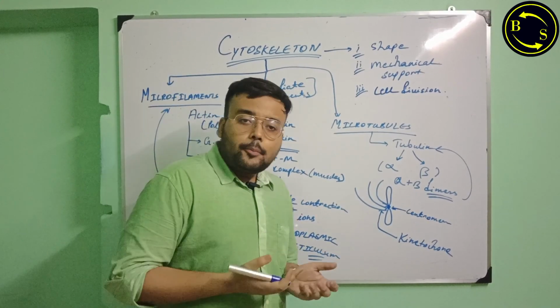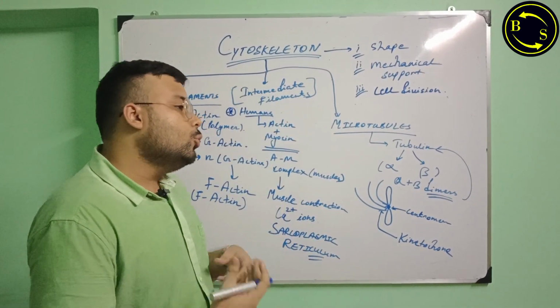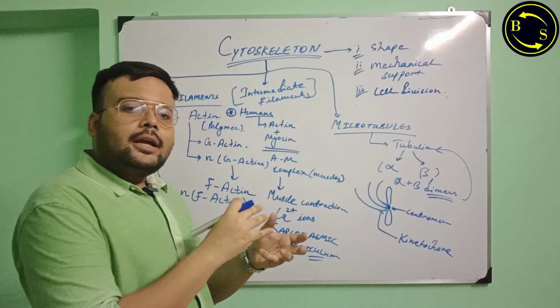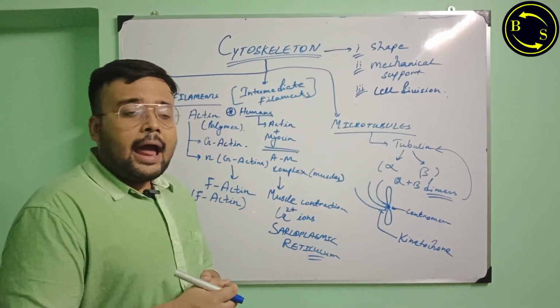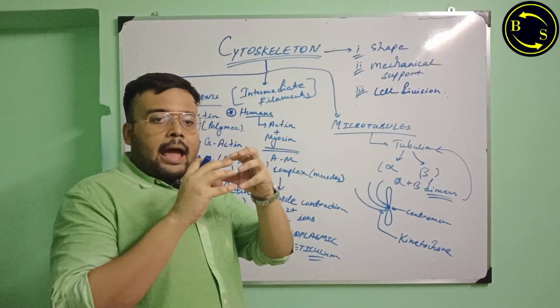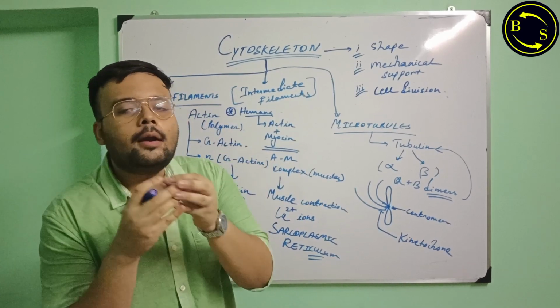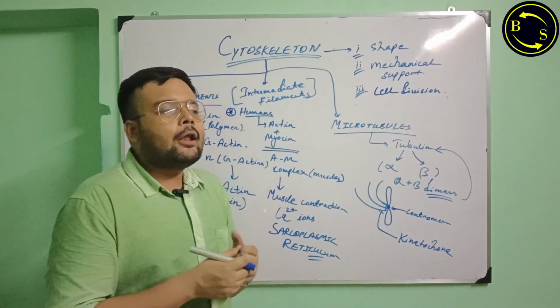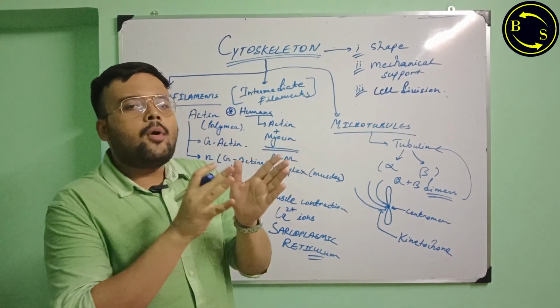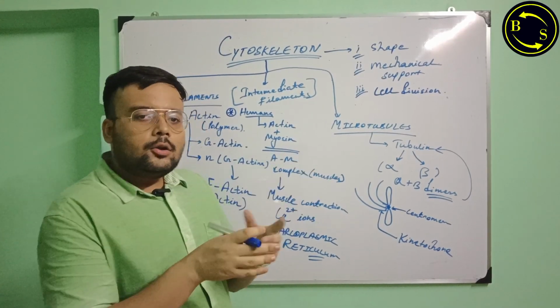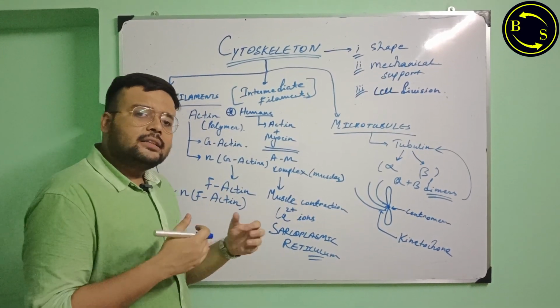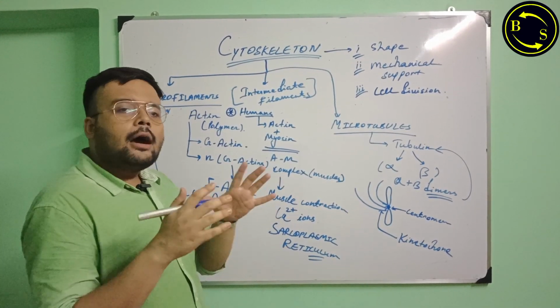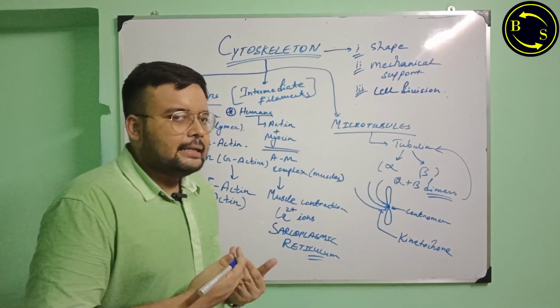Now, what are motor proteins? Motor proteins are those proteins that can change their structural conformation and can actually help a part of the cell or an organelle to move from one part to another in the cell, or can help the cell itself to move, like WBCs, the white blood cells.